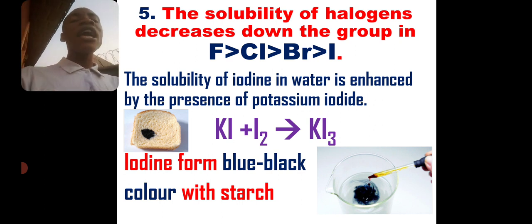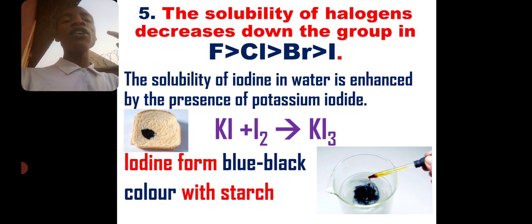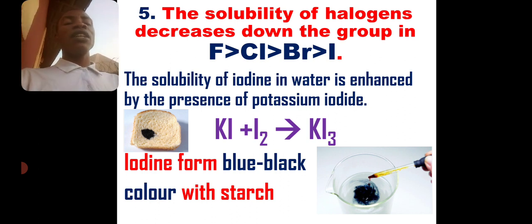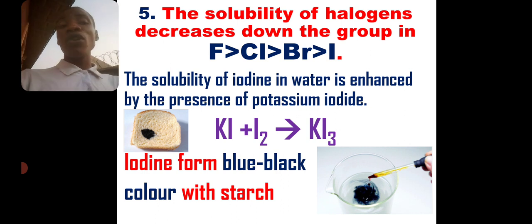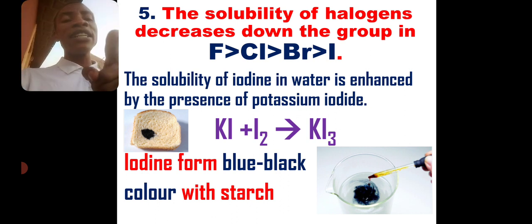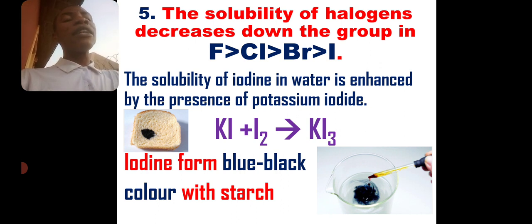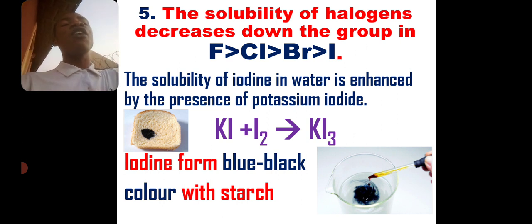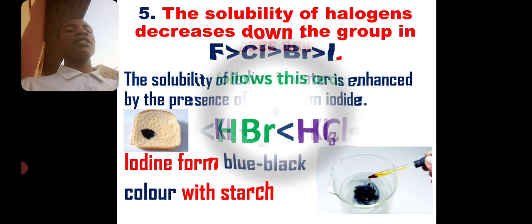When you add iodine solution to any compound containing starch, it gives a blue-black coloration, as you can see in the video: blue-black coloration with the bread, and blue-black coloration with the liquid inside that beaker containing starchy material. So the solubility of the halogens decreases as the molecular mass of the halogen increases.